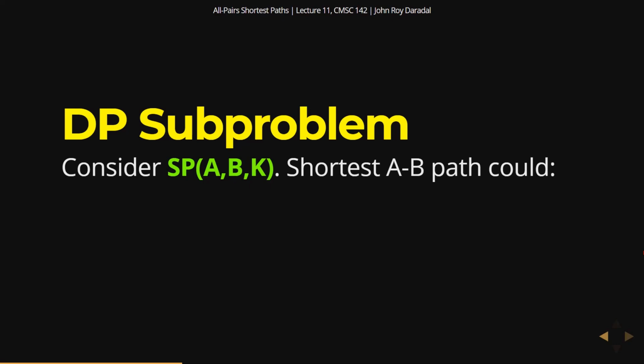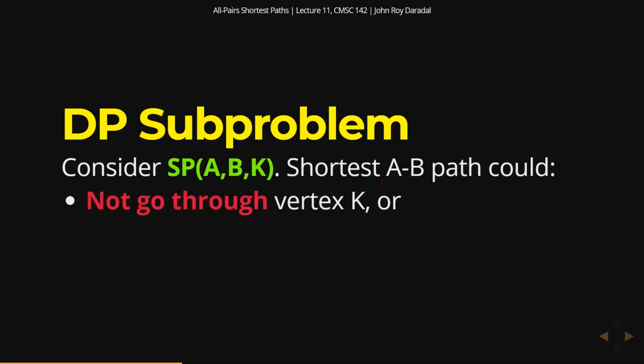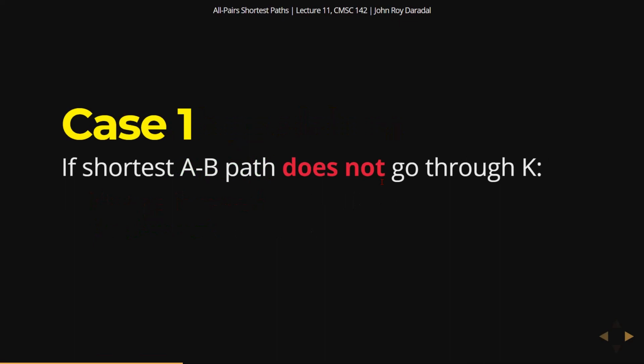So consider the sub-problem SP(A, B, k). Now the shortest path from A to B could either go through vertex k, meaning the last among the set, or not. So those are the two cases, right? What would happen if the shortest A-B path does not go through the last vertex k?